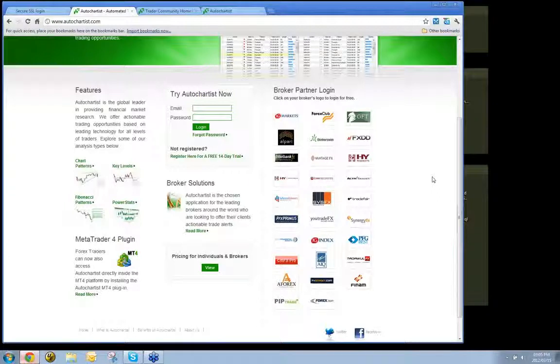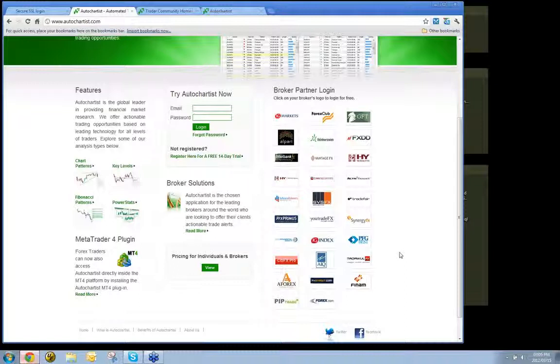So if you have a live account or a demo account with any of the listed brokers, you can click on the broker's logo, and there will be instructions about how to obtain and actually get into the Autochartist platform for that specific broker. So different brokers have different ways of accessing the application.